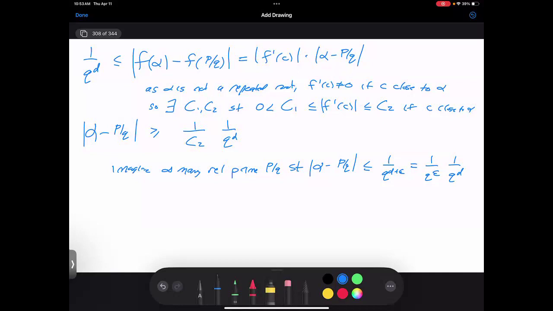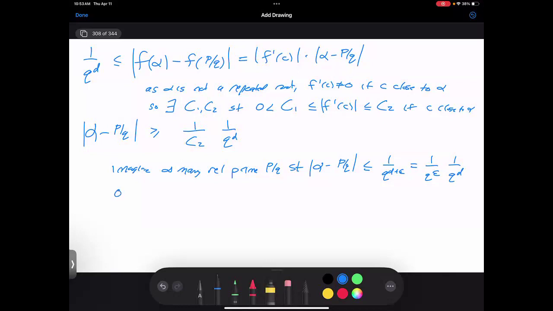Eventually, what can you say about 1 over q to the epsilon and 1 over C2? As q gets really, really large, which is going to be smaller, 1 over q to the epsilon or 1 over C2? One over q to the epsilon is going to be smaller.